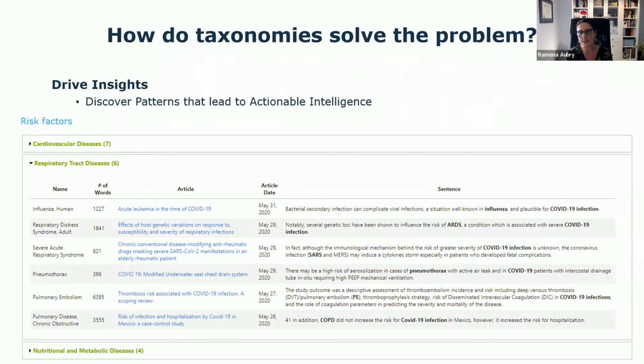And we used this against patient case reports that increase the health risks of patients suffering from COVID-19. We looked at the data and realized that thanks to the taxonomy, we drove some interesting insights because we had situations where influenza and COPD were tracked as respiratory tract diseases, but we could also link them to the risk factors of COVID-19.